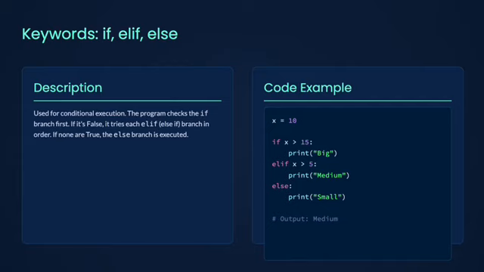If it's false, it moves to the elif, which just means else if, and checks that condition. You can have as many elifs as you want. Finally, if none of the if or elif conditions were met, the else block runs as a catch-all. So in our example, x is equal to 10, and is 10 greater than 15? No. So okay, else if 10 is greater than 5? Yes, it is. So the code prints medium and skips the else block completely.